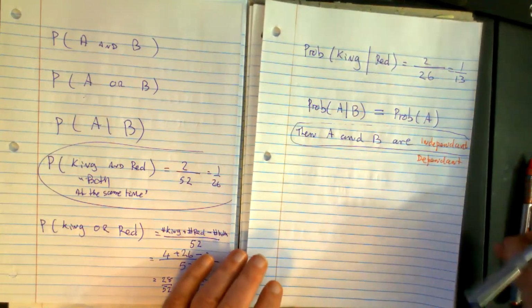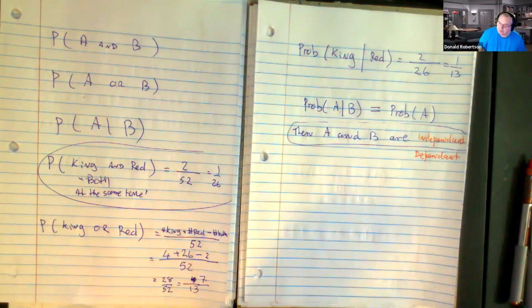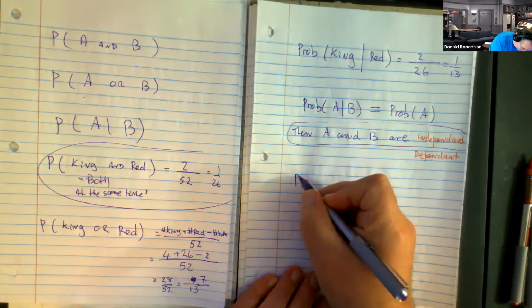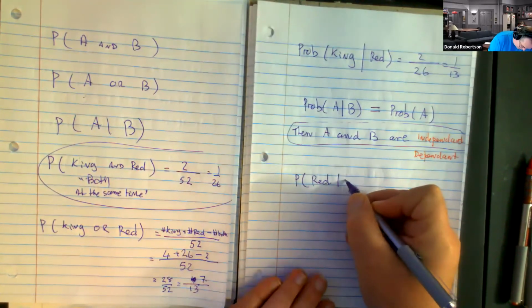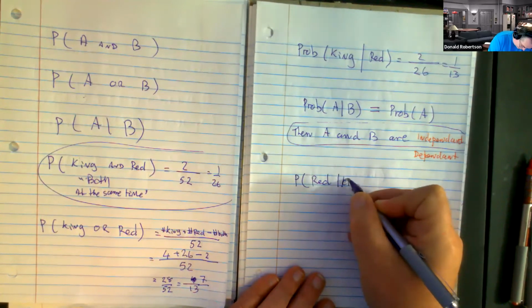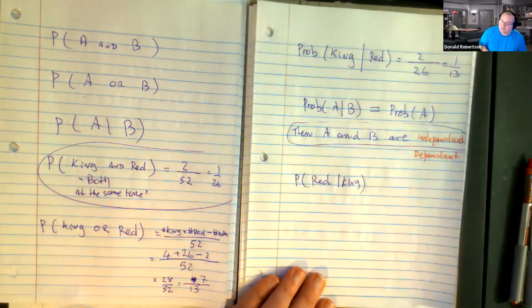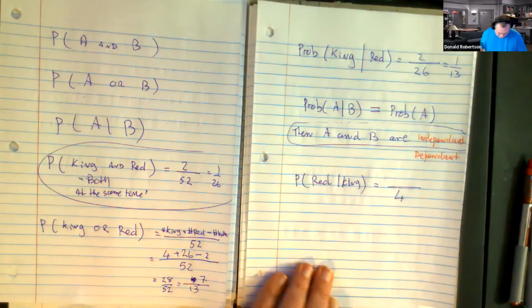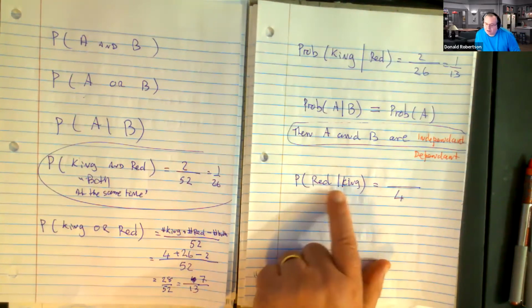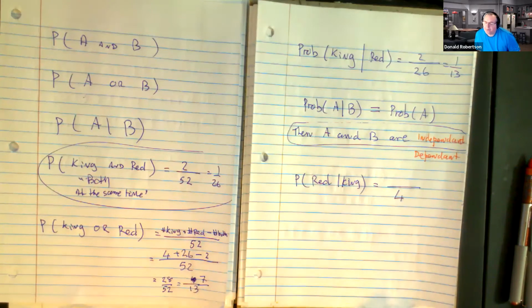How do we figure that out? Oh, you calculate them. So suppose I went and said to you, what's the probability that you get a red card given that it was, say, a king, right? Let's just say that. I know that there are 4 kings in a deck. How many of them are red?